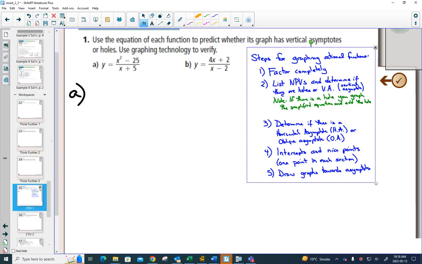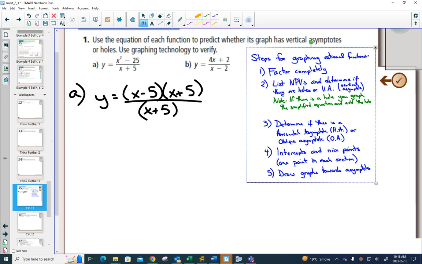So our first step is always going to be factoring something completely. So in equation A, we notice the top is a difference of squares. There it is, factored completely.